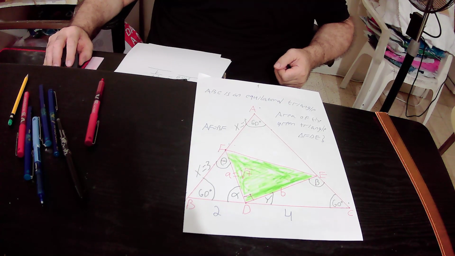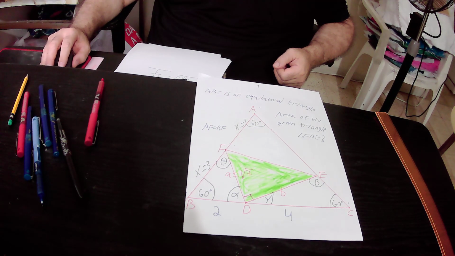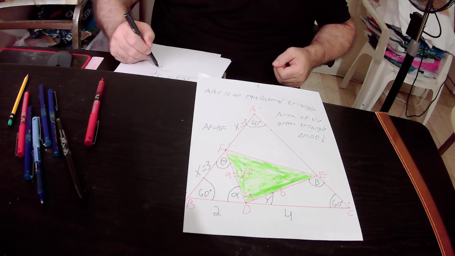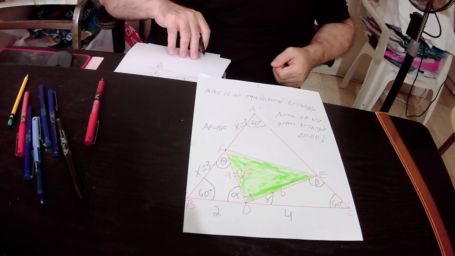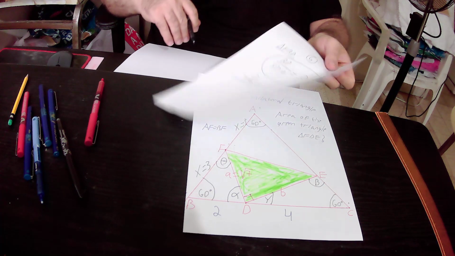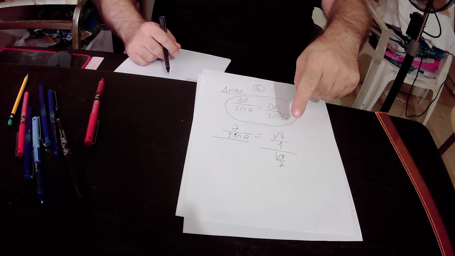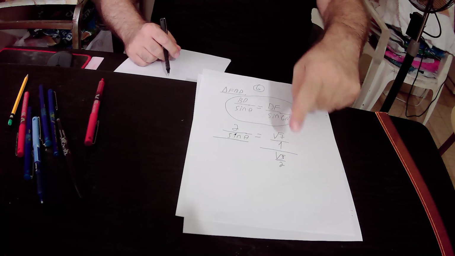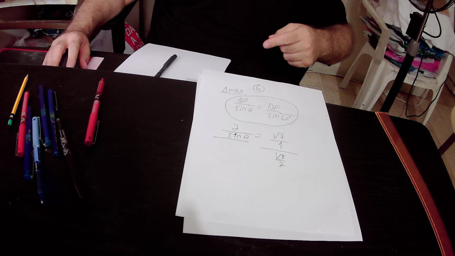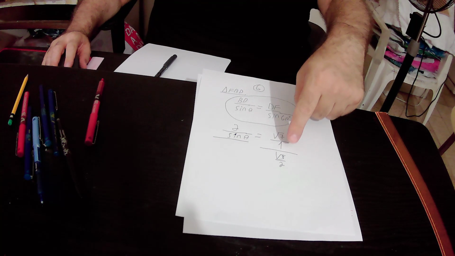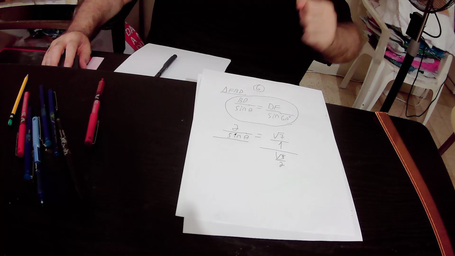What is the value of sine 60 degrees? Sine 60 degrees equals the root of 3 over 2. So, in total we got that 2 over sine theta equals the root of 7 over root of 3 over 2. Here we can move 2 to the numerator and root 3 to the denominator.